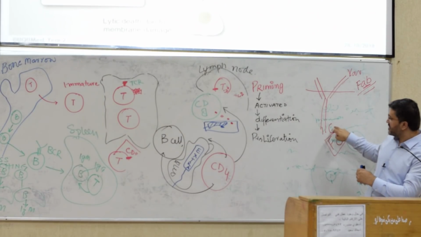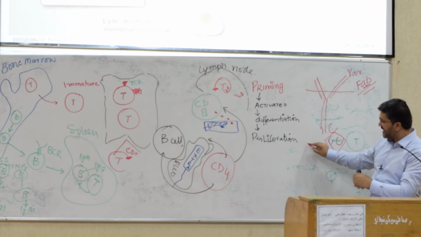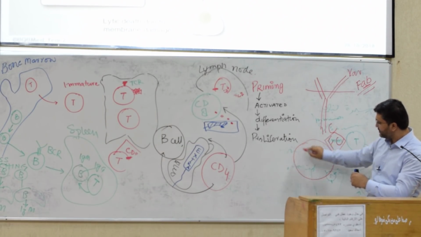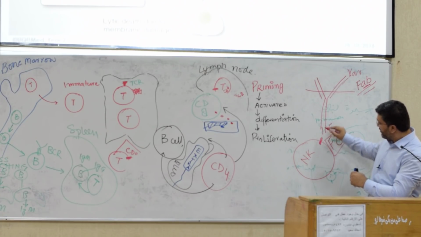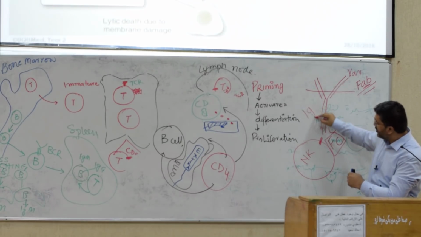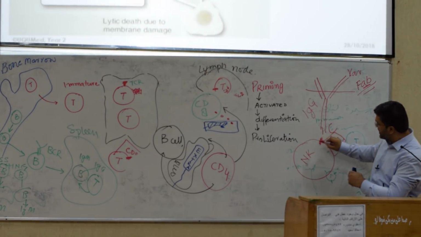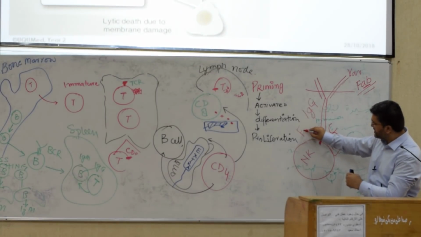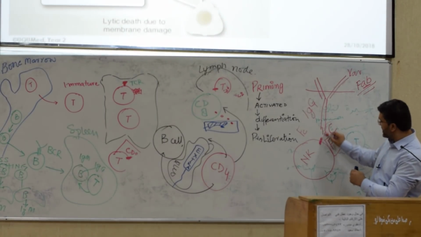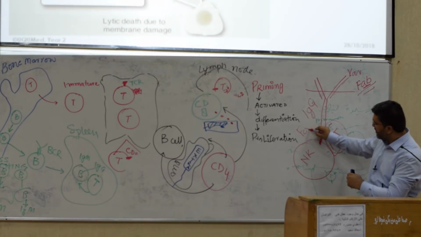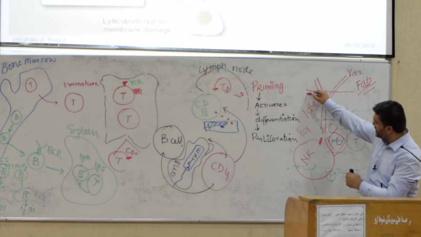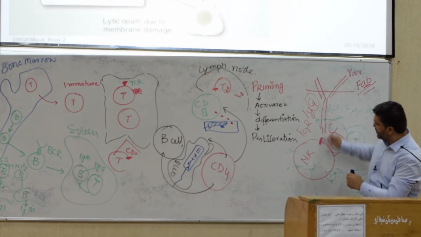So how will it perform the function? Let's say this is the natural killer cell, and it has got a receptor for immunoglobulin G. This receptor is called Fc gamma R: Fc from this part, gamma from this G chain, and R is for receptor.